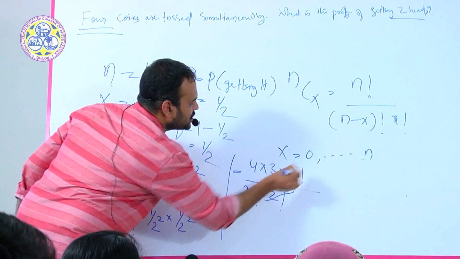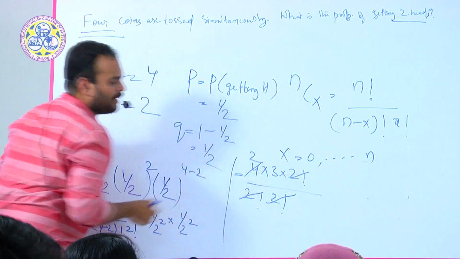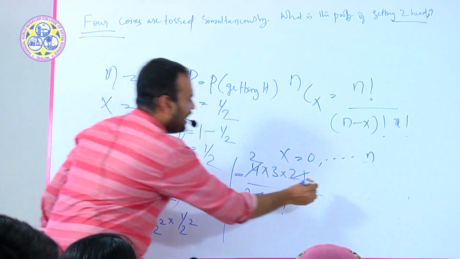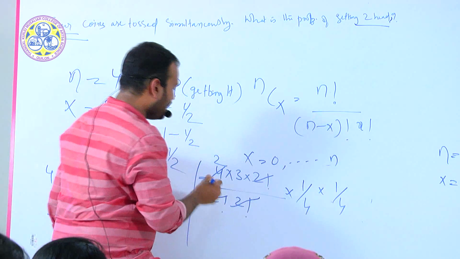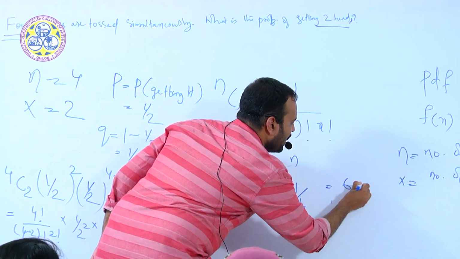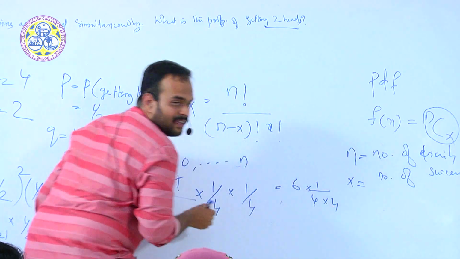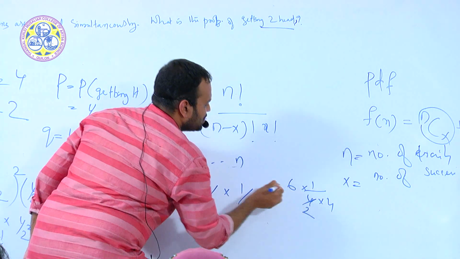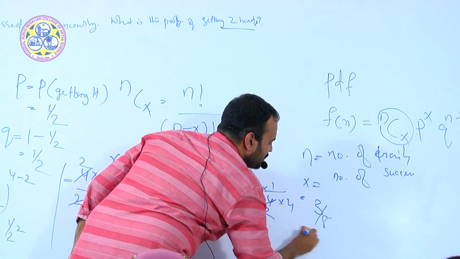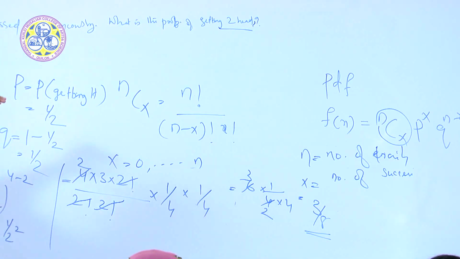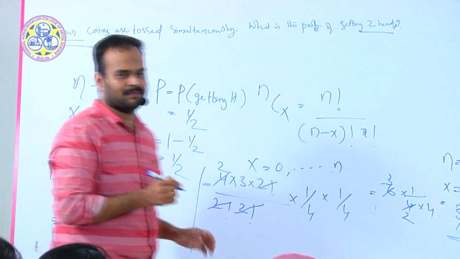You can cancel this 2 factorial with the 2 factorial, and this 2 with the 4, then 2. Then the value will be 6, and the remaining will be 1 by 4 and 1 by 4. Then the answer is 6 into 1 by 4 into 1 by 4. You can cancel this: this is 2, this is 3, then the value will be 3 by 8. Then the probability, the chance of getting 2 heads in this trial, is 3 by 8.